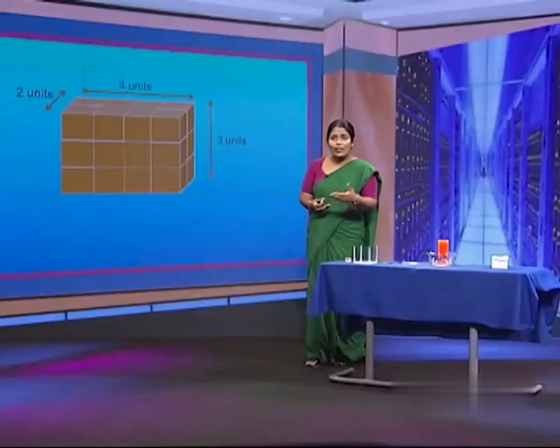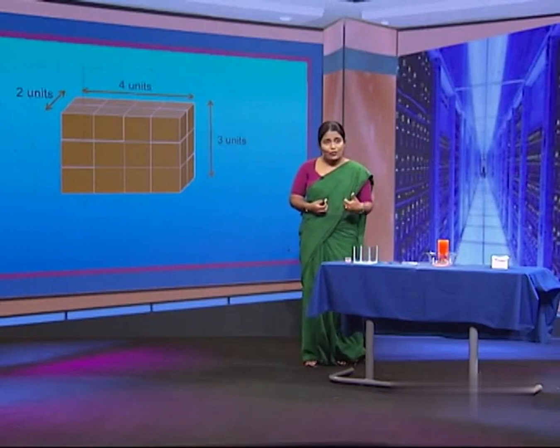If you multiply this 8 by 3, what is the answer? Yes, 24 cubic units. It means the volume of the cuboid is 24 cubic units. So, without counting, we got the answer.